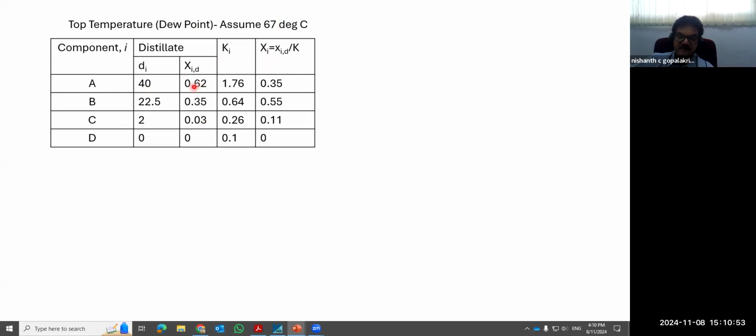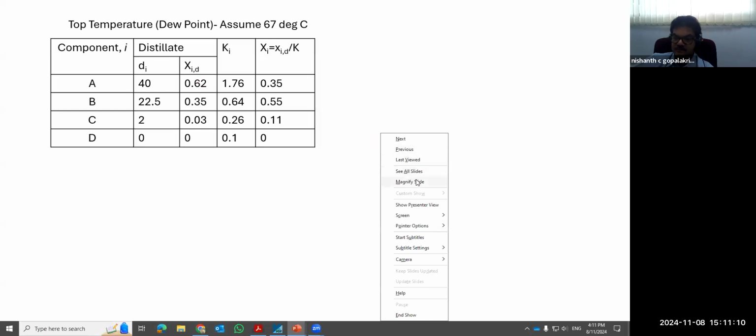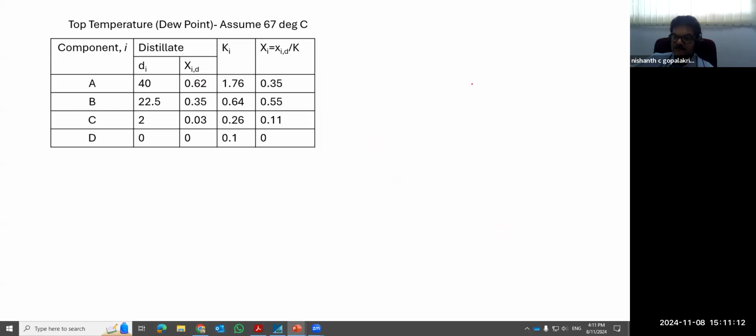Now, remember, the distillate means before you condense it, it's in the form of vapor, which means this composition actually refers to the vapor composition that enters the condenser. In the distillation column, the composition that we are referring to here, the xiD, is basically this composition.